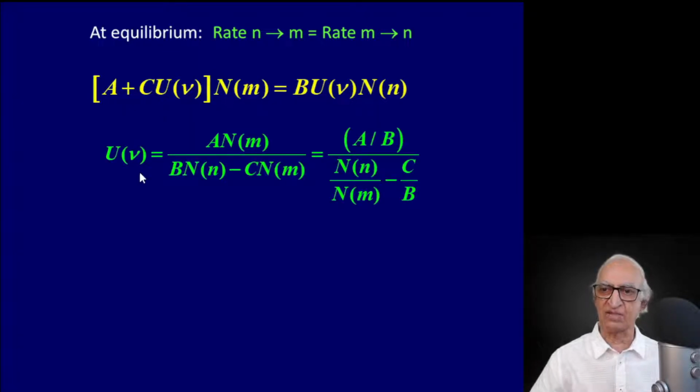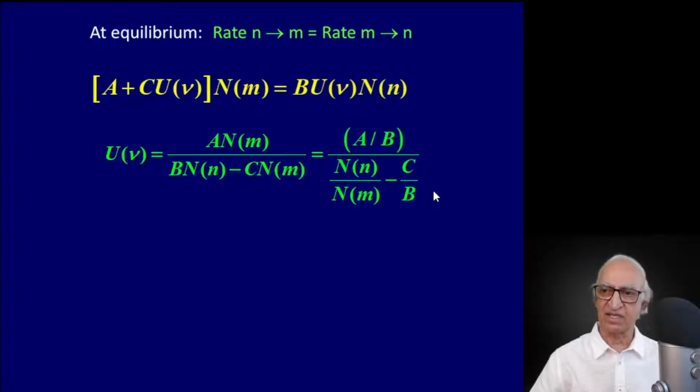And an elementary shuffling of terms will give you U of nu is given by A over B divided by the number of atoms in the lower state divided by the number of atoms in the upper state, minus C over B.